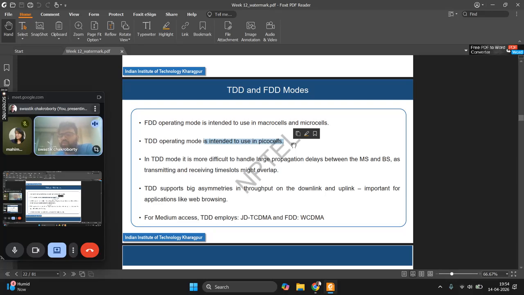In TDD mode you get high bandwidth, that's why the data rate is very fast. Data is propagated very fast. So large propagation delays between mobile station and base station cannot be tolerated, because the receiving and transmitting might get overlapped, because everything is happening very fast.